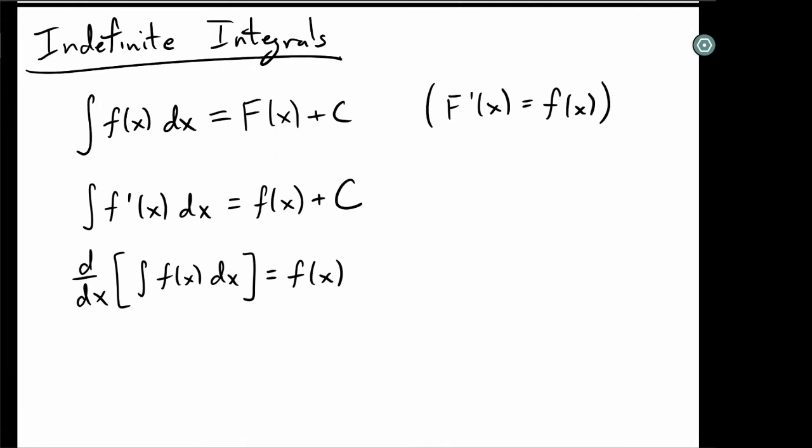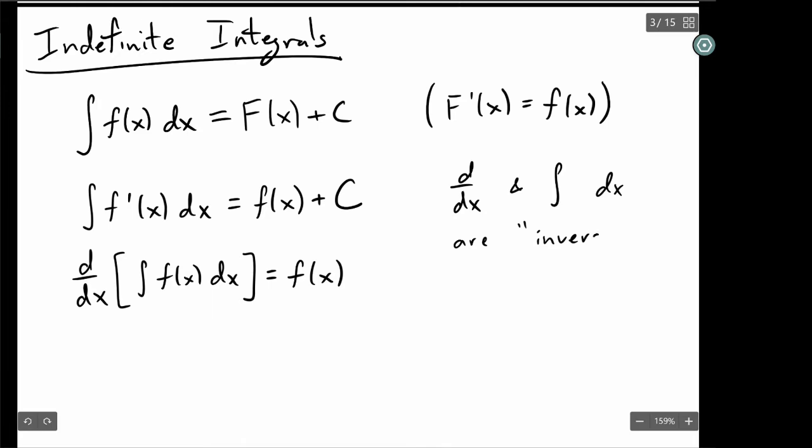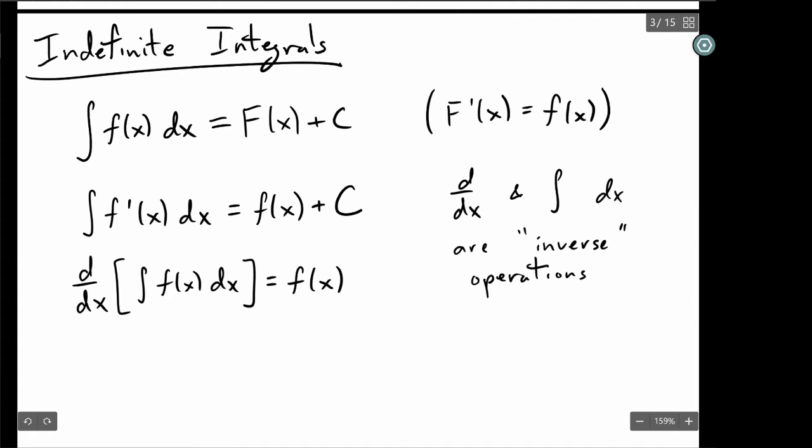So it kind of says that d dx and integral dx are sort of inverse operations. Right? They cancel out in one direction, and they almost cancel out in the other direction. Right? And again, this should make sense. We're calling one an anti of the other.